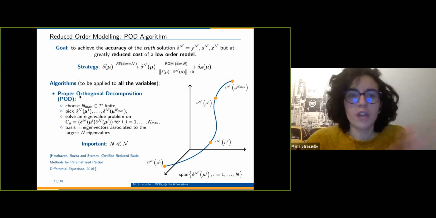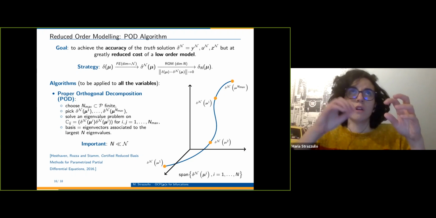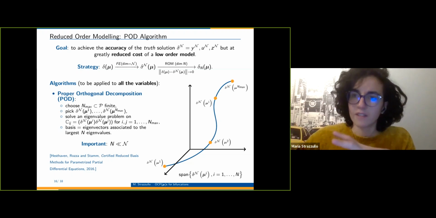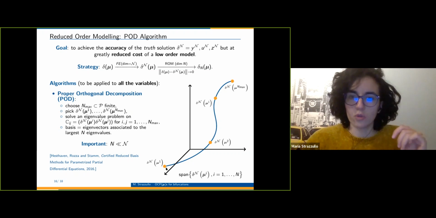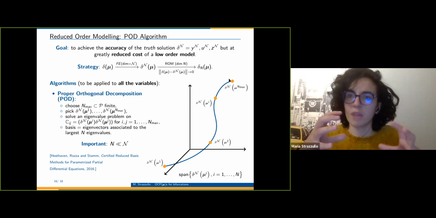How can you do that? We use proper orthogonal decomposition. I don't want to be detailed in that, but it's an observe and compress algorithm, in the sense that you look at the solution and how it varies with respect to the parameter. You build a covariance matrix for a lot of snapshots.